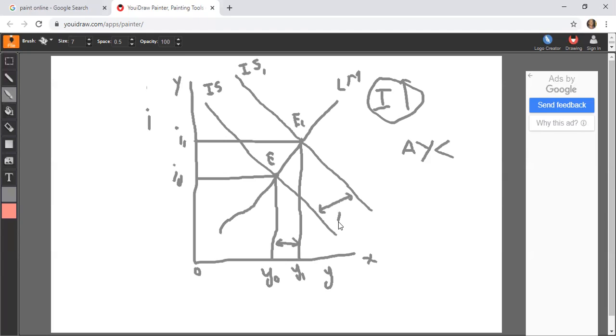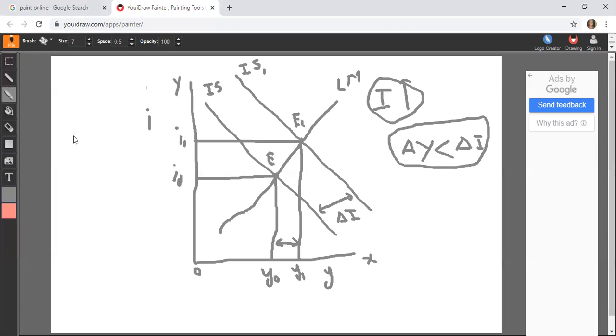This is a change in investment which has resulted in an upward shift in the IS curve. So this delta Y is much less compared to delta I. So this we must notice.